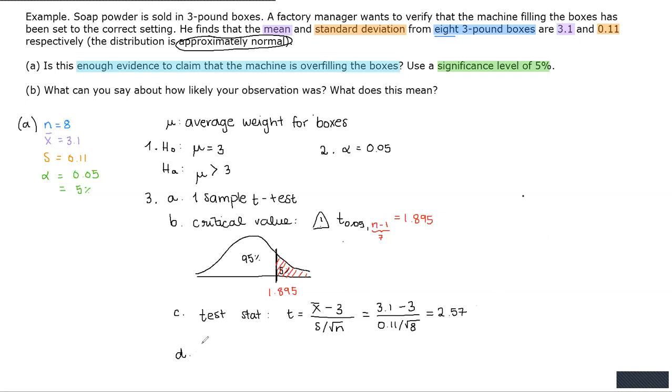And finally, we can go to step D over here. We found that 2.57, maybe I'll label that with a little stamp over here. I have that 2.57 is going to be actually pretty high in my distribution. That means that it's quite a bit higher than 1.895, which means that it is going to correspond to the rare side of my distribution, right?